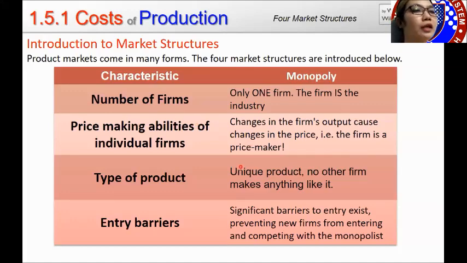And in monopoly, the product is unique and no other firm makes anything like it.